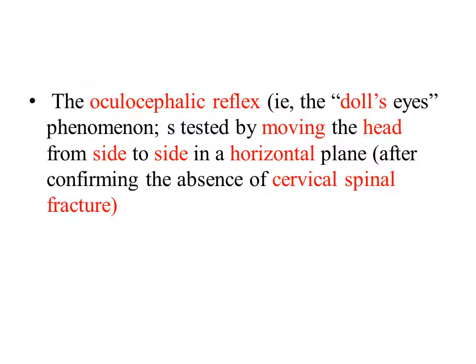انه بنحرك الراس وهو في السوباين بوزيشن من جانب الى جانب وهو على سطح افقي بحيث بنكون متاكدين انه ما في اي spinal cord injury او cervical spinal cord injury.